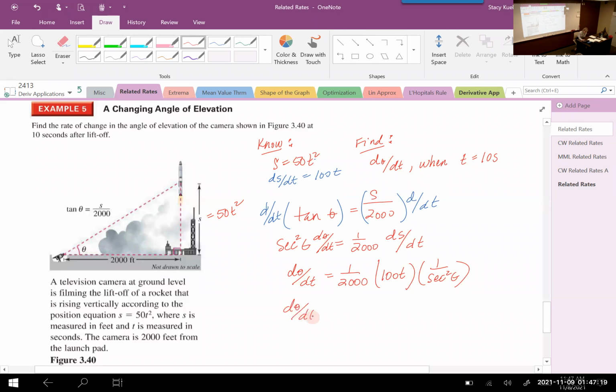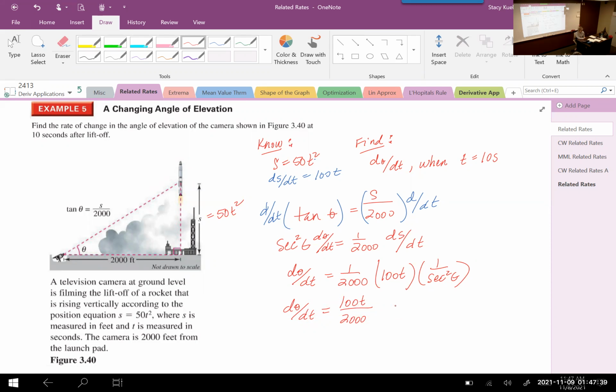D theta dt would be 100t over 2000. Can I rewrite 1 over secant squared using an identity?